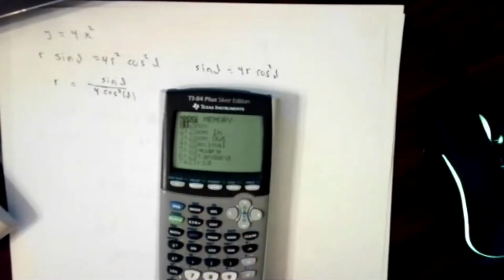Let me zoom in so that it will draw that again. So you see, even something as simple as a parabola, when you're using polar coordinates, may have some rather odd features on the graph as described in polar. There's nothing wrong with the graph though.